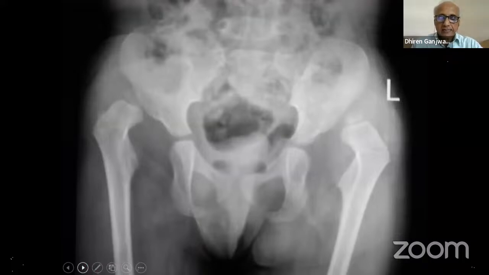This is a case with a bilateral DDH presenting again at the age of 3 years. The child underwent surgery, one hip. After 6 weeks, the second hip was operated, and the total duration of plaster, child remained in the spica for total 4.5 months. That comes to 14 weeks, child remained in the hip spica.